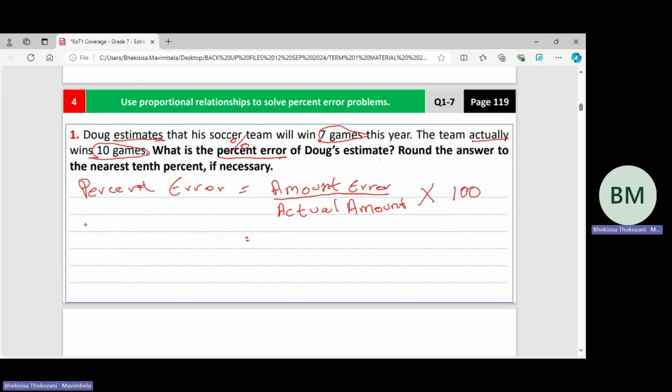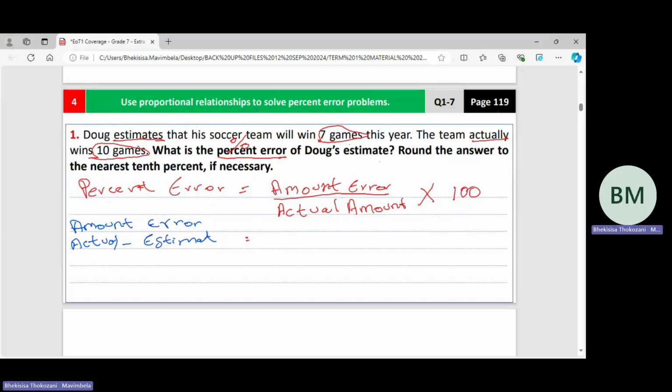So to find the percent error, or rather the amount error, let's find the amount error first. So how do you do that? You will then say your actual minus your estimate. So that's what you'll have to do.